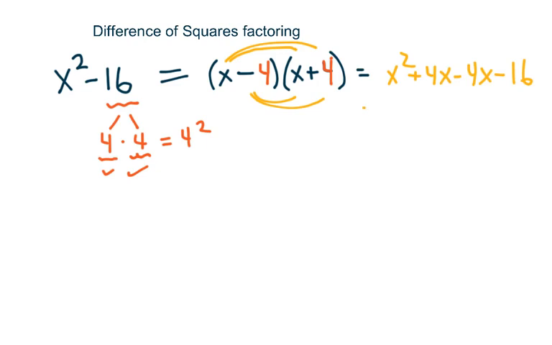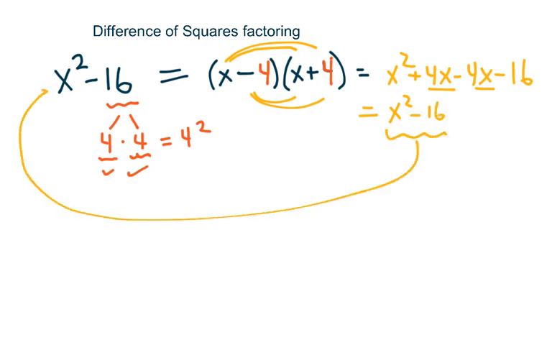This is just going to equal x squared, and if we add these two terms together, we get 0. So these basically go away, and then we get minus 16. And this is the original problem, right? When we factored it out, we got x minus 4 times x plus 4. But when we checked our answer, we got the x squared minus 16. So that's why it works.